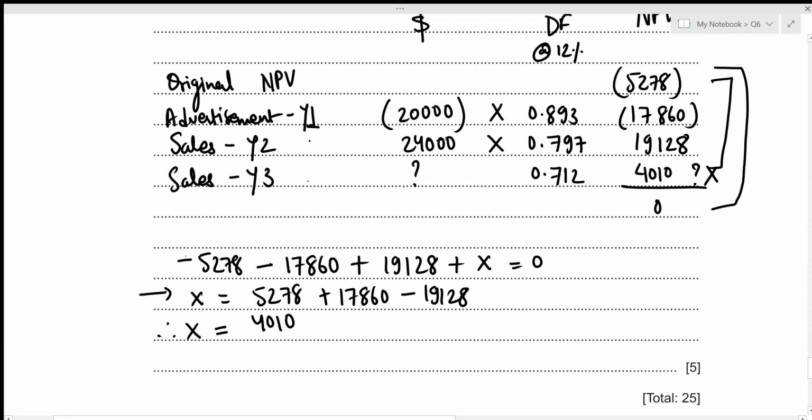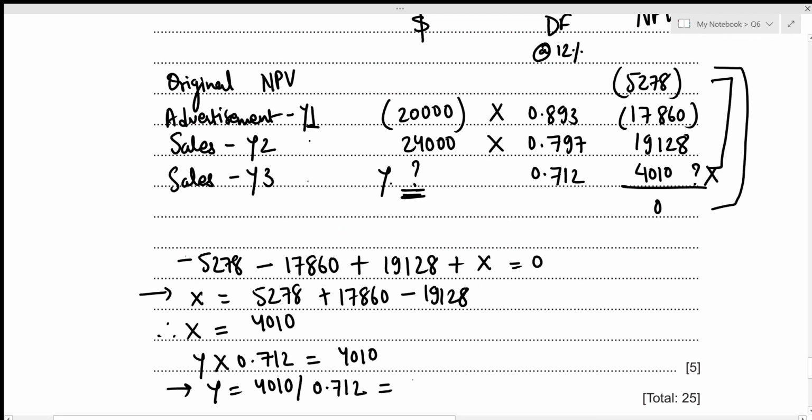So this is the particular value. Now we need to figure out this value. Let's term it as y. So what we know is that y times the discount factor 0.712 results in the value of 4,010, right? So y is just going to be 4,010 divided by 0.712, which gives the value of y to be 5,632. So the sales increment for year 3 is just going to be 5,632. Let's write down our answer clearly.